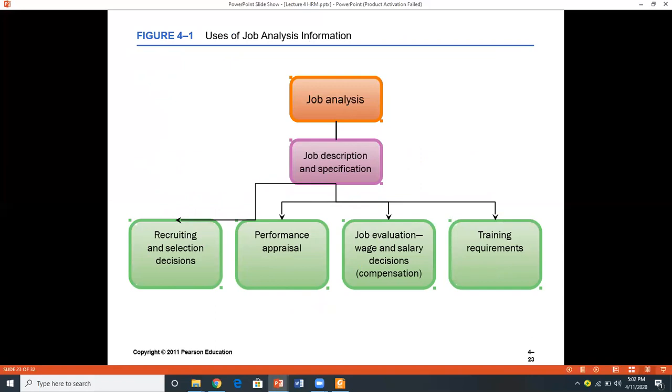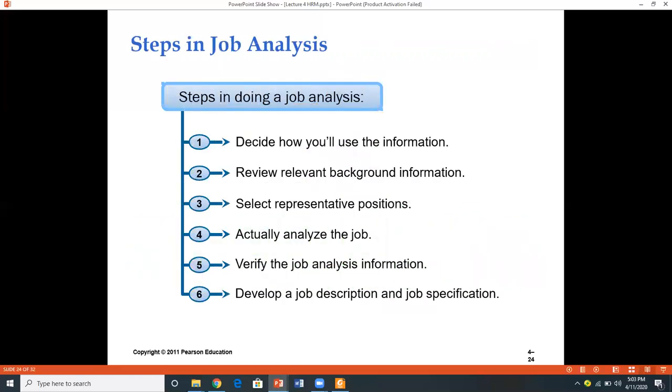Job analysis is the basis for job description and specification, that is, recruiting and selection, performance appraisal, job evaluation, wages and salary decisions, compensation, and training requirements. These are the uses of job analysis information.